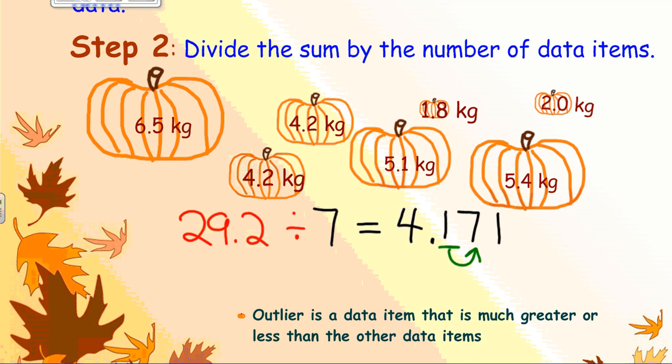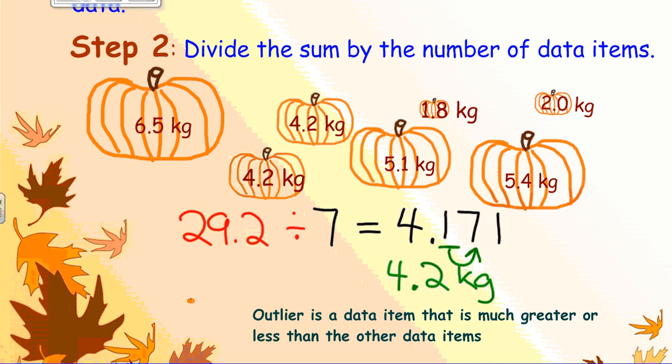I underline the place value, the tenths place, and we look back at the hundredths place to decide what to do. What do I need to do? That's right, 5 and above, give it a shove. So we're going to shove the 1/10 up to 2/10. The average weight of our pumpkins is 4.2 kilograms.